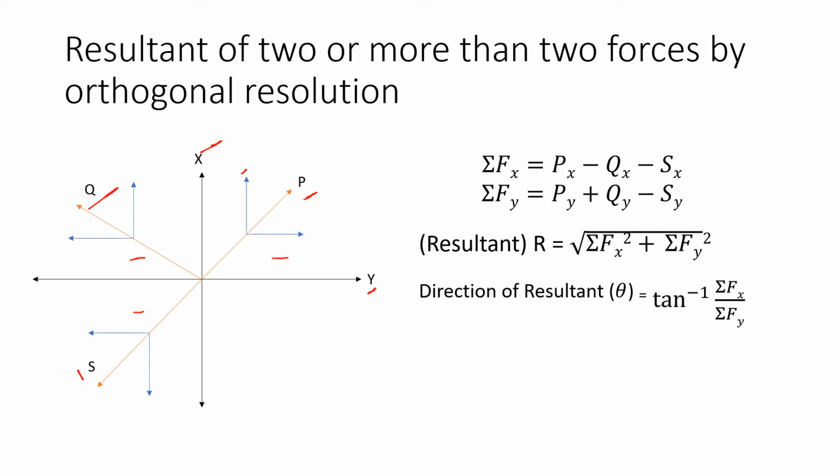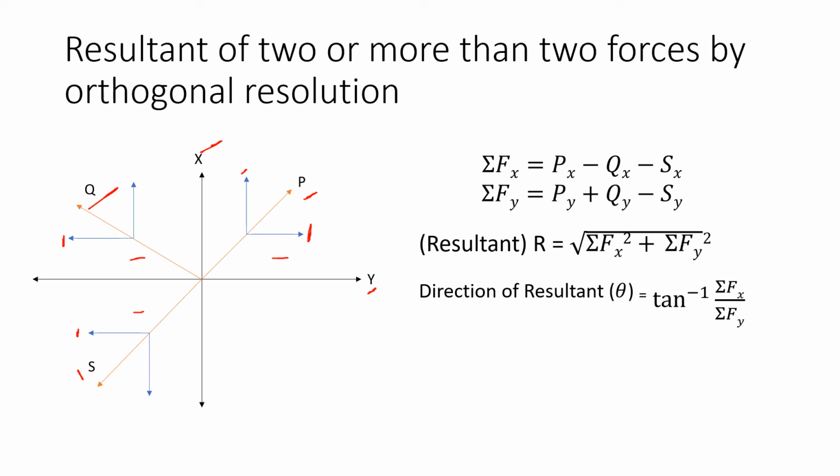So what is summation Fx? Summation Fx is the algebraic sum of all forces along the x direction. This is the first force, here will be Px, it is directed to our right, so we have taken positive. Second is Qx, it is directed to our left, so we have taken negative. Third is Sx, it will be directed toward left, so it will be marked as negative.